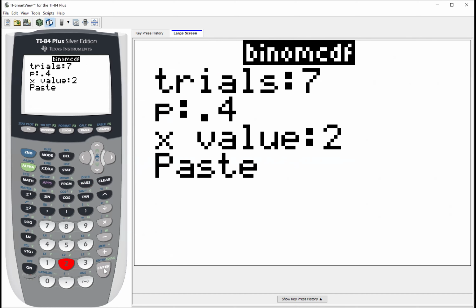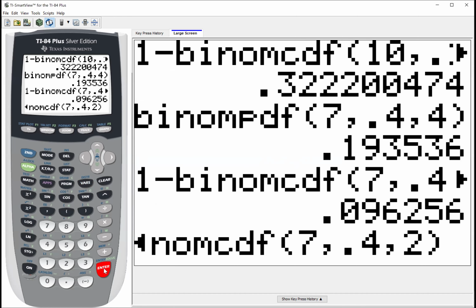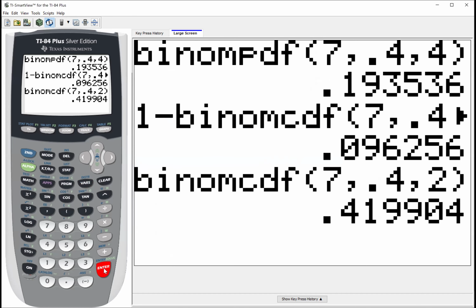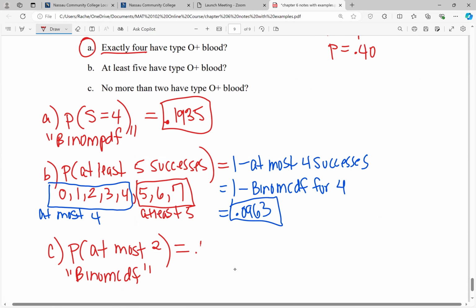So I'm going to change my X value to 2. And we get about 0.4199 if we go 4 places. So that's the probability that no more than 2 have O positive blood type, or the probability that at most 2 have O positive blood.